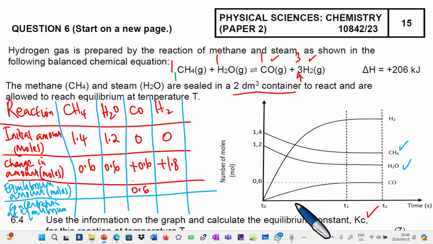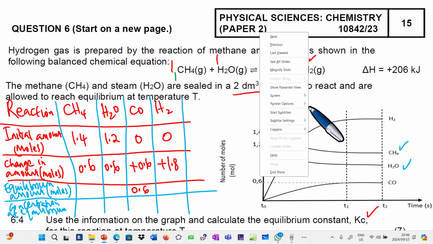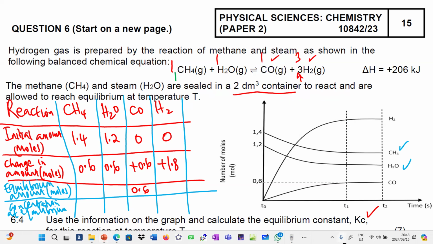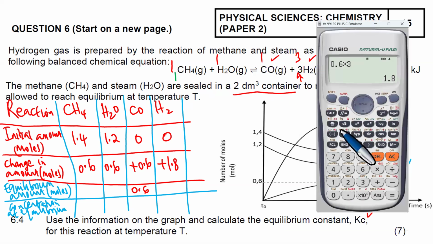Now, we regard these changes as negative, because looking at the forward direction, the reactants are being used up. Meaning you're going to say 1.4 minus 0.6.